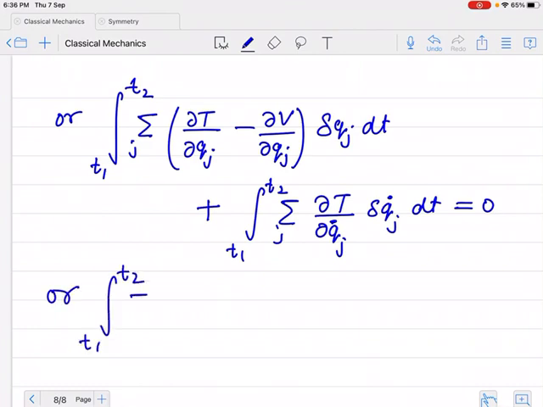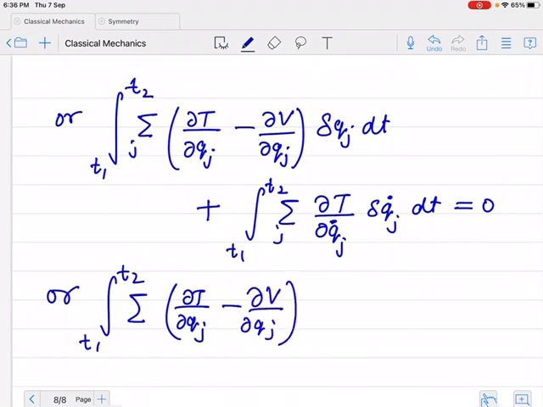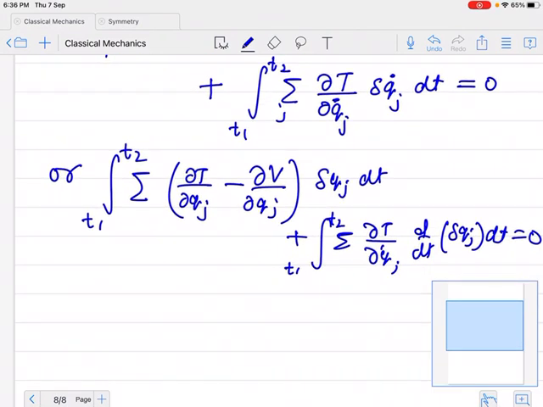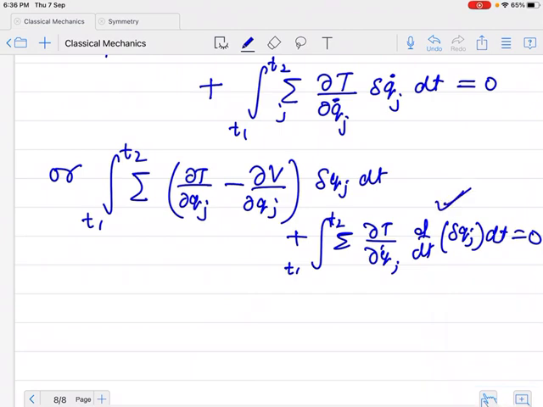Now, integrating by parts, the first term remains as it is, but the second term is the interesting part.